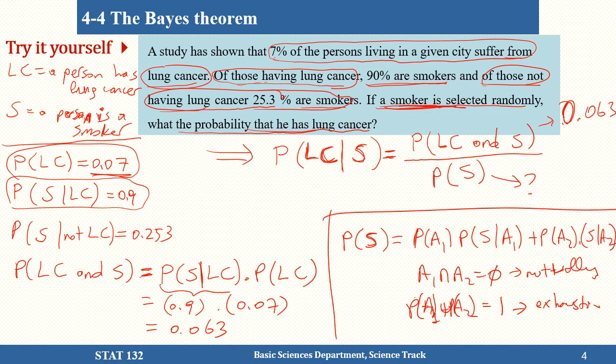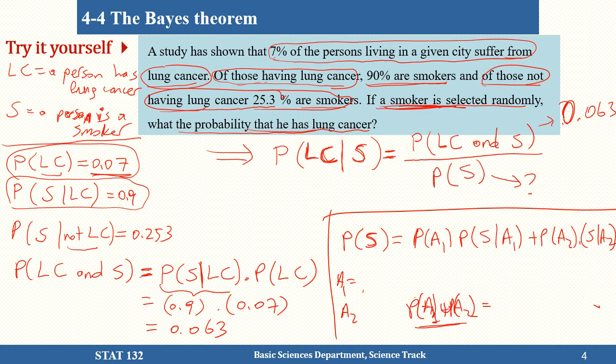What is A1 in this question? What is A2? We want two events that are mutually exclusive, that don't have anything in common, and whose probabilities sum to 1. Looking at what is given to us, LC is given, and not LC is here. So the best choice is to choose A1 and A2 to be LC and not LC.